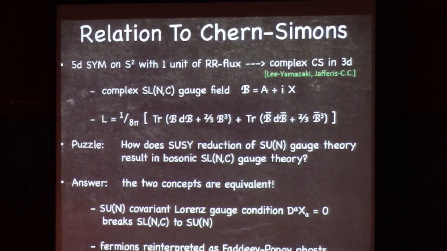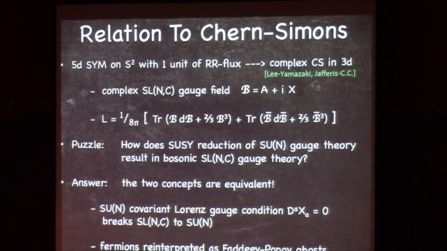So if life is just, you would think that the effective field theory I should get is not SL(N,C) Chern-Simons in the way that I've just described it, but rather SL(N,C) Chern-Simons in a gauge where SL(N,C) is broken to SU(N) by an SU(N) covariant Lorenz gauge that sets the divergence of X to 0, and you indeed find the fermions that you expect by supersymmetry, but they're reinterpreted as Faddeev-Popov ghosts for that gauge fixing.